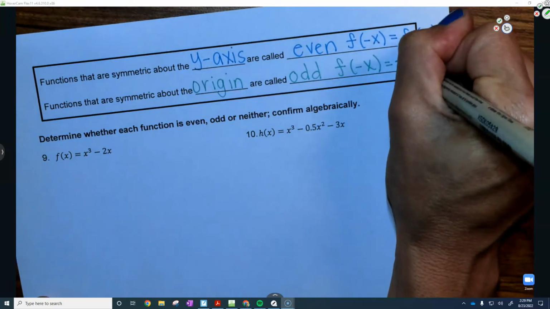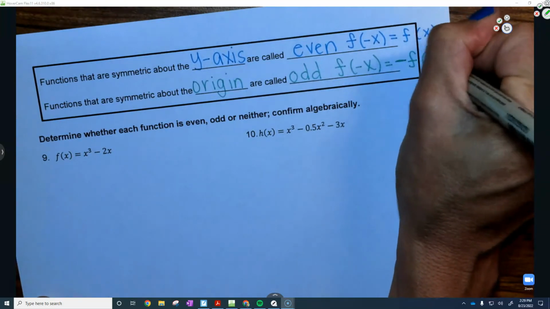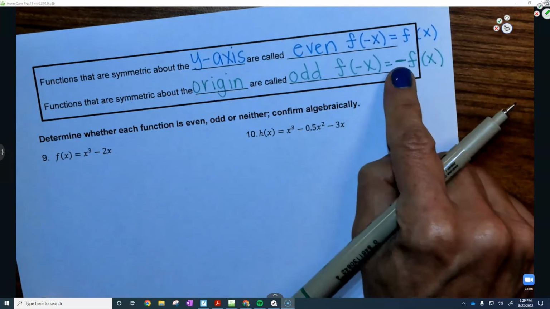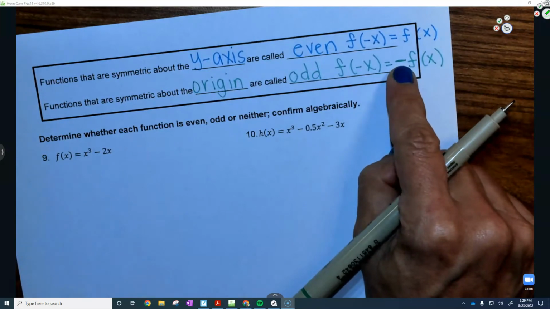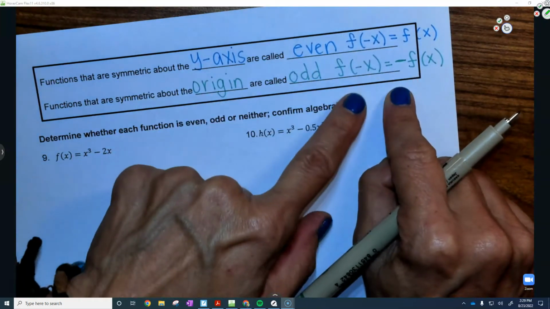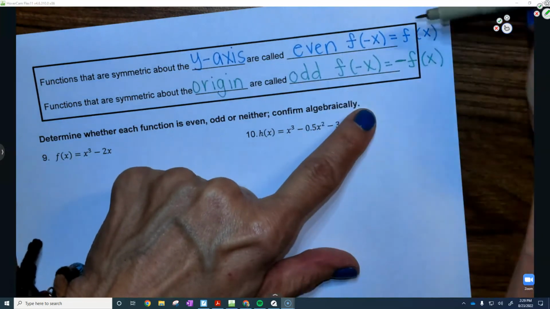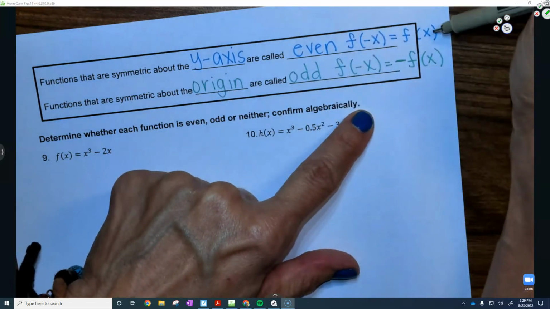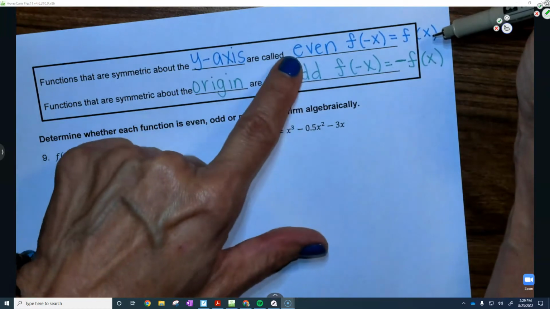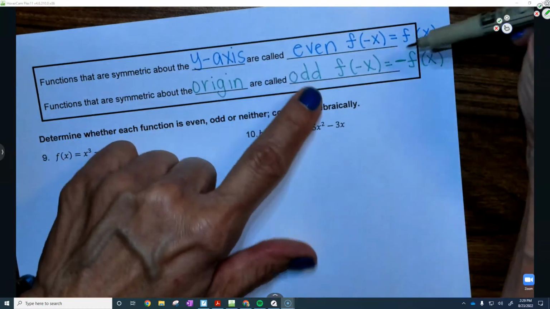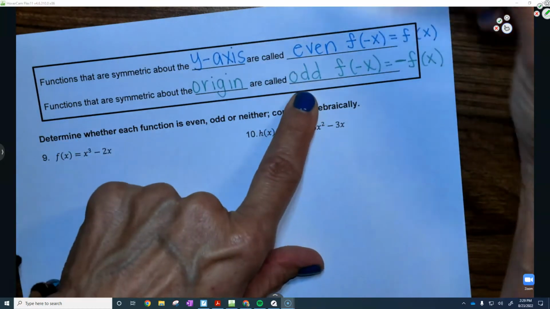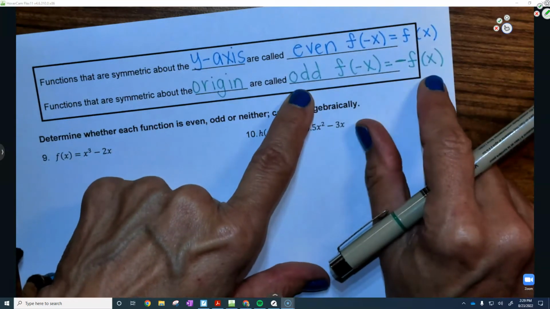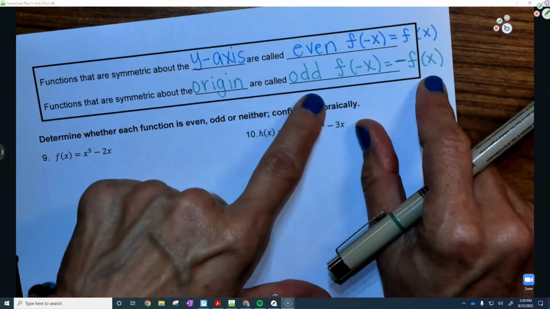It's going to be the opposite of the original function. Look where my negative is. You have to memorize this. When I plug in a negative x and I end up with what I started, it's even. If I plug in a negative x and I get all the opposite signs, it's odd.